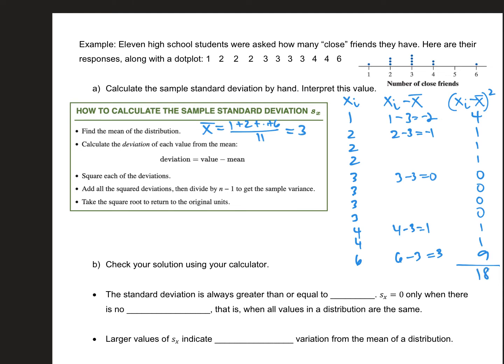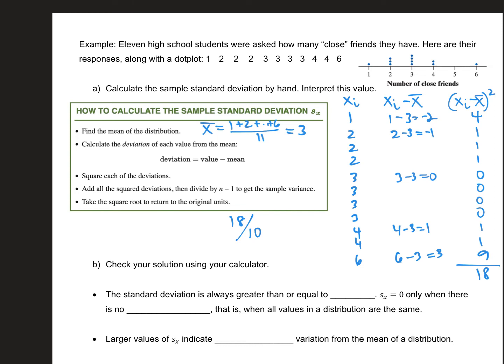Okay, so we square each of the deviations, we did that. Add all the squared deviations, then divide by n minus 1. That's really weird, but that gives the sample variance. So we need to divide by 10, right? N minus 1.